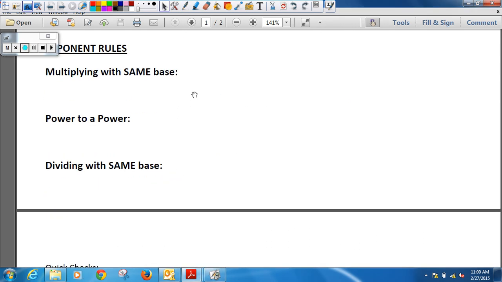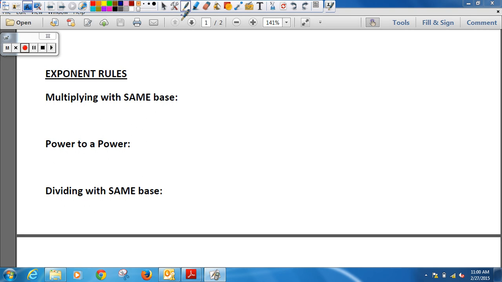Okay, let's review our exponent rules very quickly. When you multiply with the same base, you keep the base and you add the exponents. That was our first rule. Our second rule was power to power.